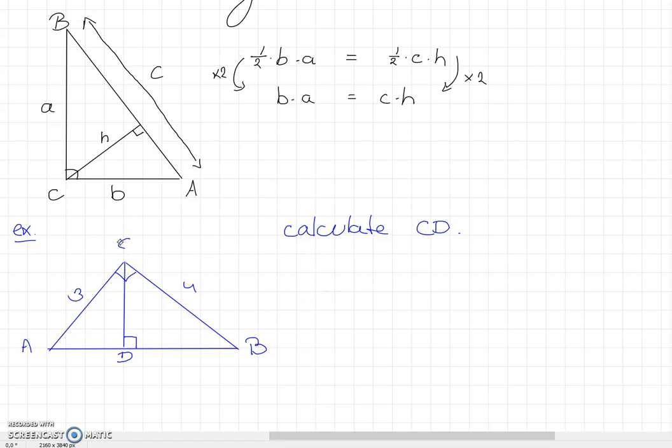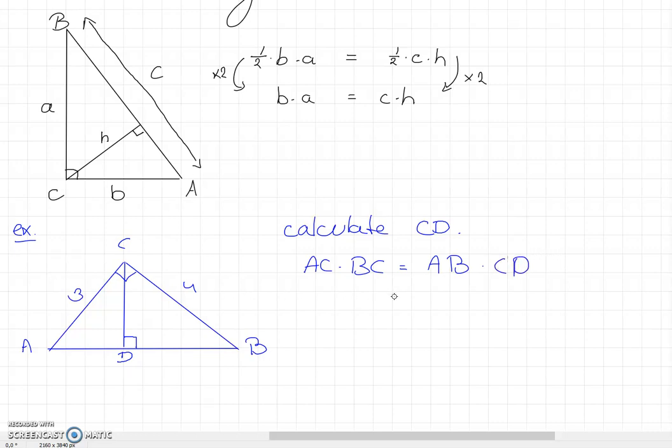So in this case, the right angle is C, so the edges adjacent to it are AC and BC, and those multiplied together should be the same as AB multiplied with its altitude CD.